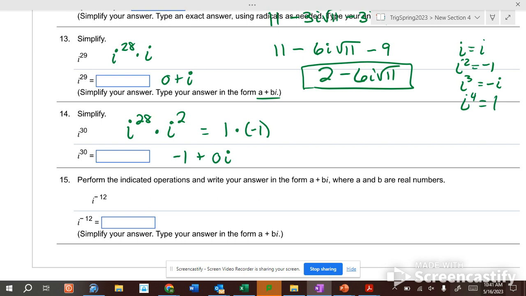I to the negative 12th. Not 0. You're really close though.